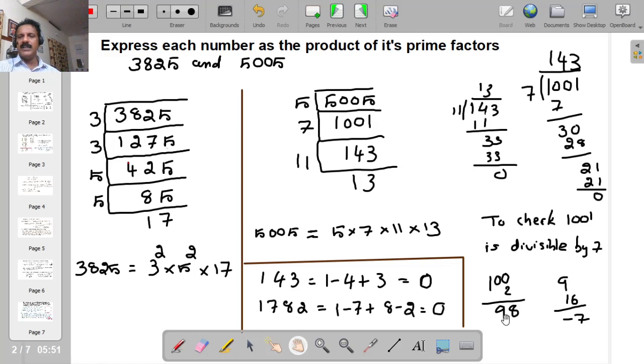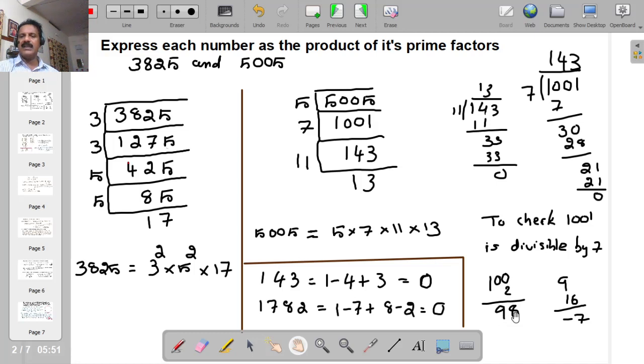But it is not very easy to say whether 98 is divisible by 7 or not. So we will continue the same procedure. We will remove the last digit from 98, which is 8, and the remaining portion is 9.